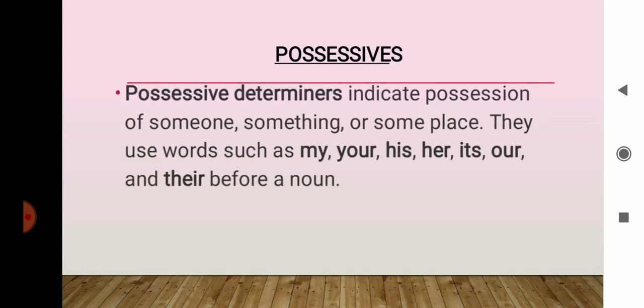Now students, we will see possessives. Possessive determiners indicate possession of someone, something, or some place. They use words such as my, your, his, her, its, our, and their before a noun.